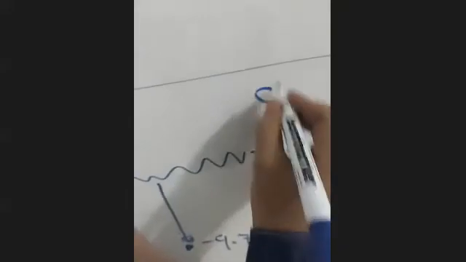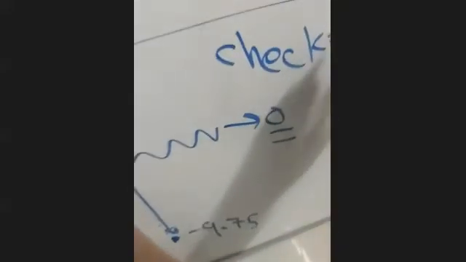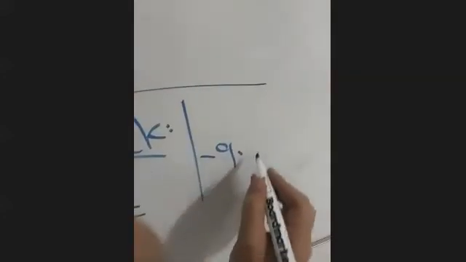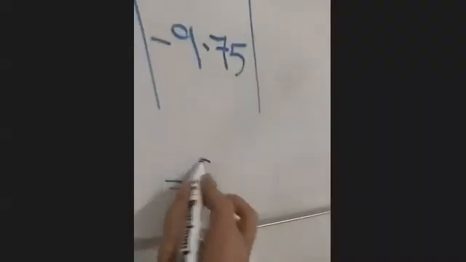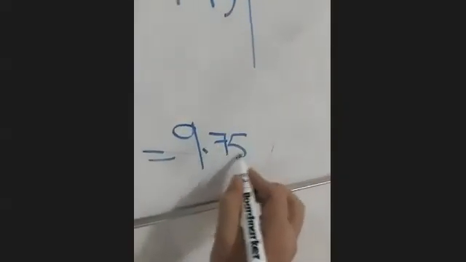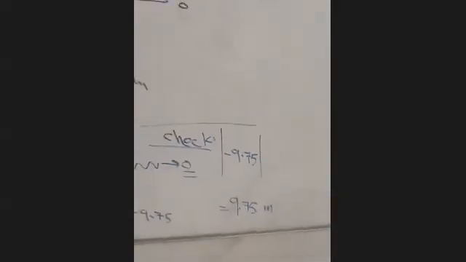Good. So we want the absolute value, guys. This is a check. We want the absolute value of negative 9.75 feet. What's the absolute value, guys? Who can tell? Nidal. Positive 9.75. Positive 9.75 what? Feet. Write it, guys.